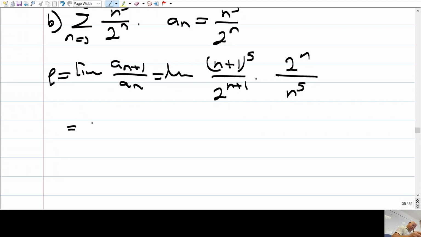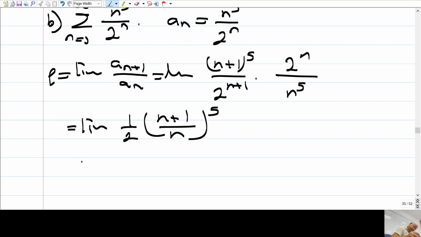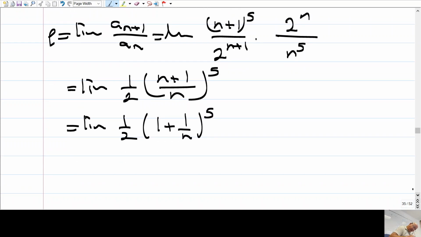So this is just the limit of 1 over 2 times (n+1) over n to the power 5. Okay, so this is just the limit of 1 over 2 times (1 + 1/n) to the power 5. This 1 over n goes to 0.